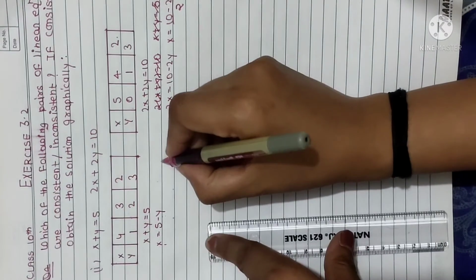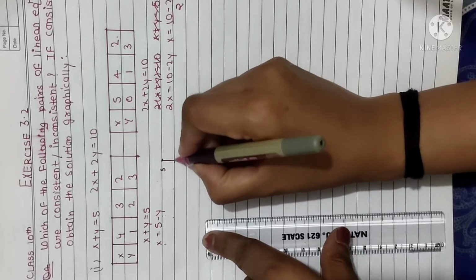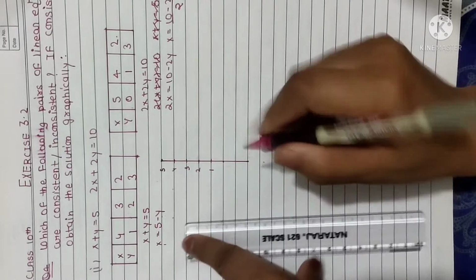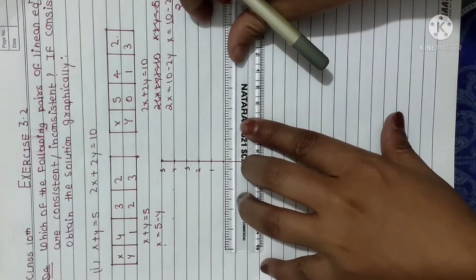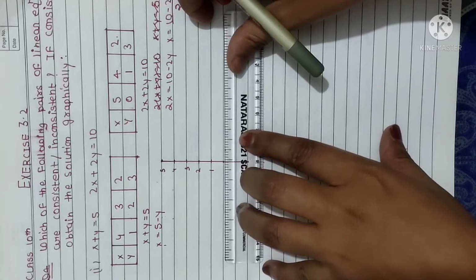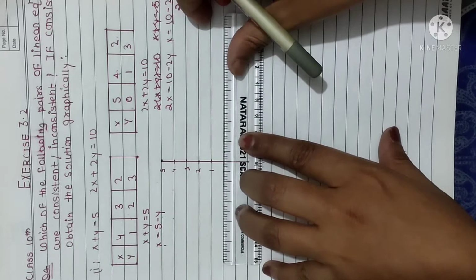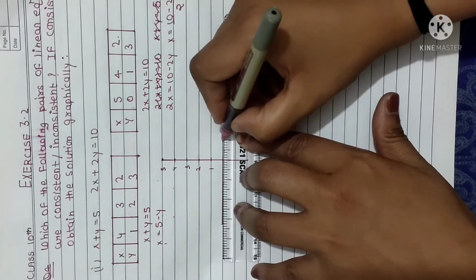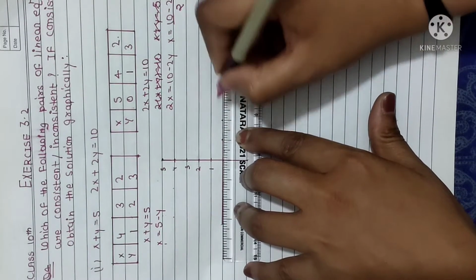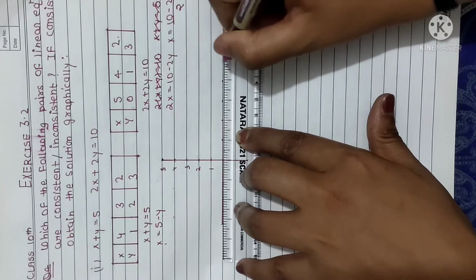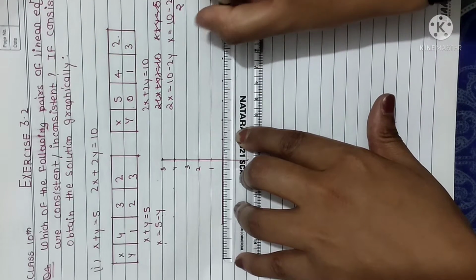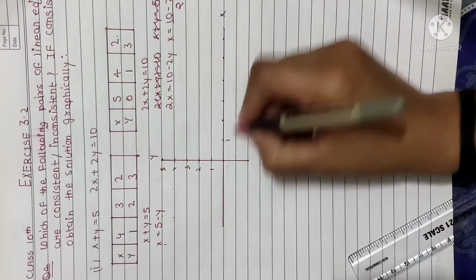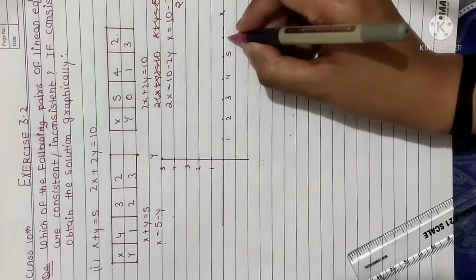So here we mark 5, 4, 3, 2, 1, 0 on the y axis, and 1, 2, 3, 4, 5, 6 on the x axis. So this is our x, this is our y.